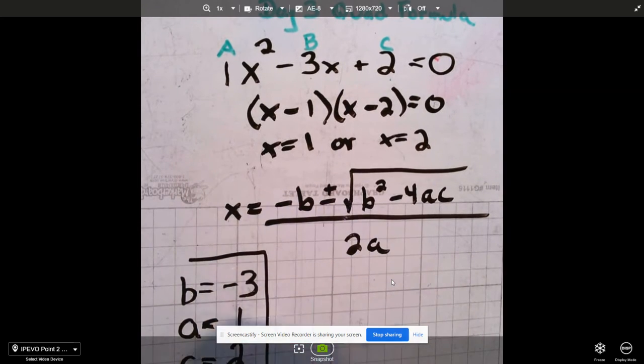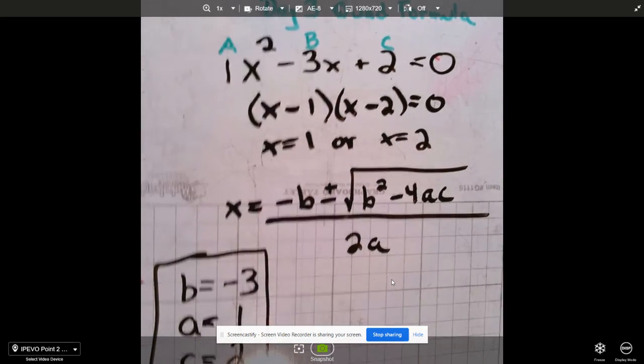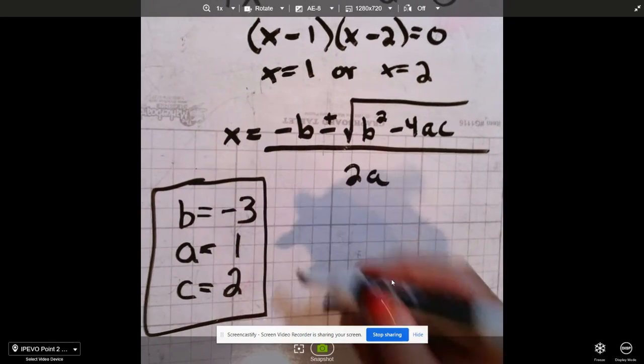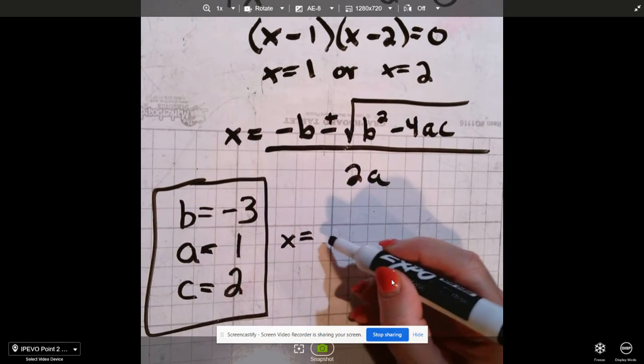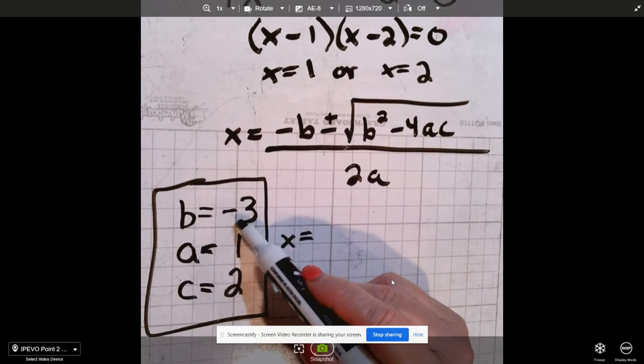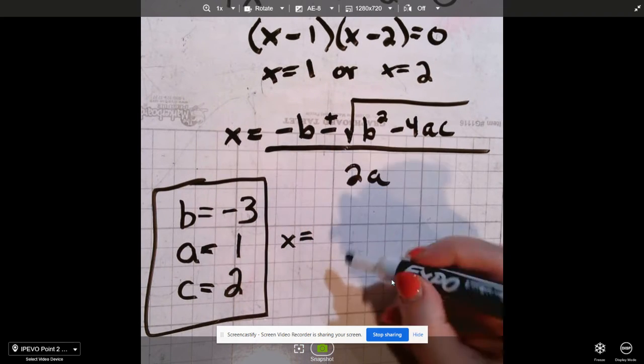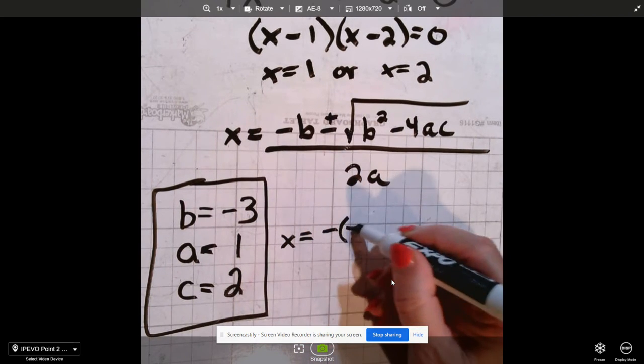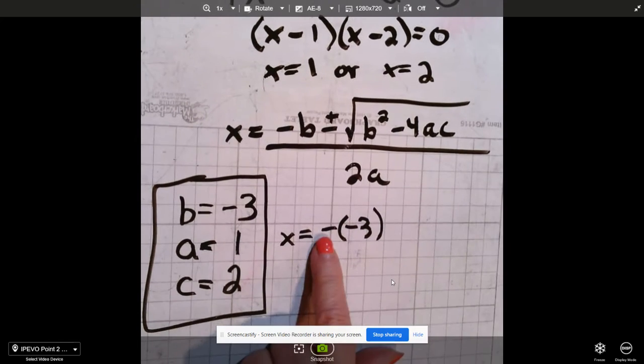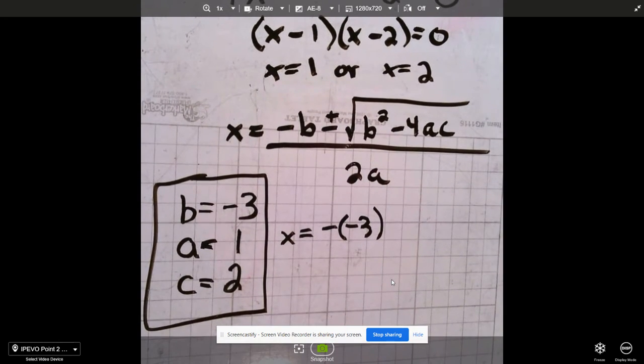So you're going to take these values and just plug them into the equation. So I'm going to have x equals minus, and now I'm going to take this minus 3 and put it in. So it's a minus minus 3. Well, two negatives will make a positive, so I'm just going to change this right now to positive 3.